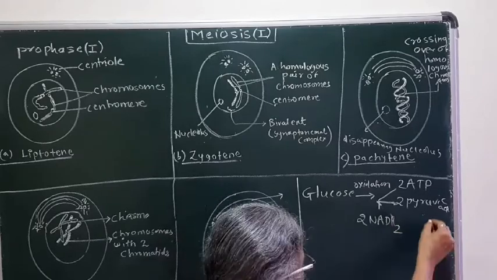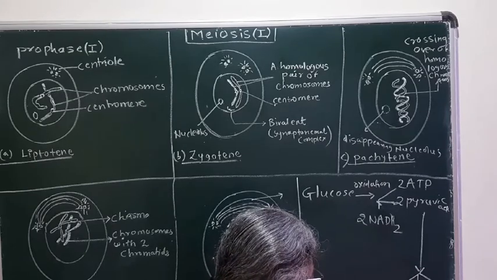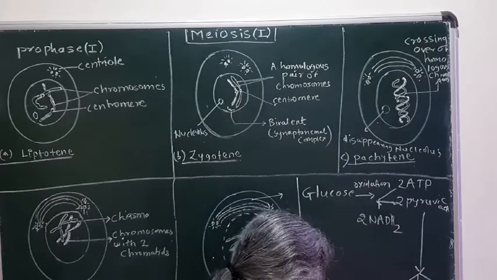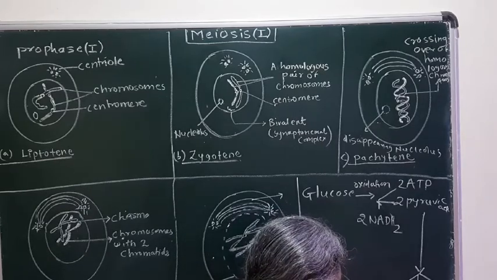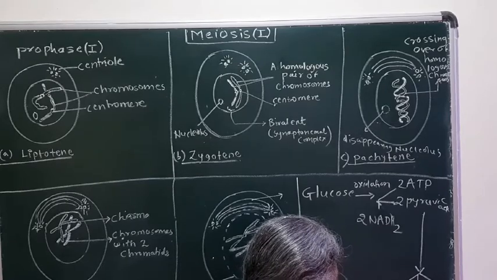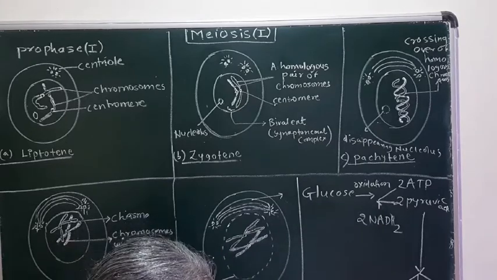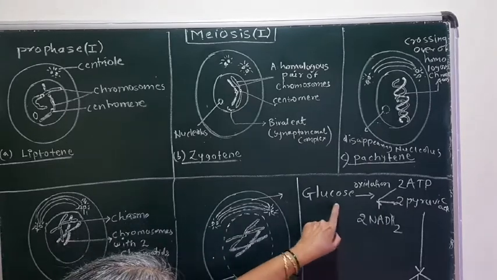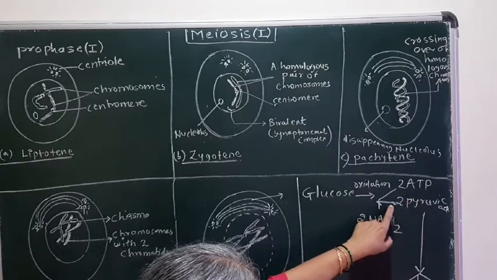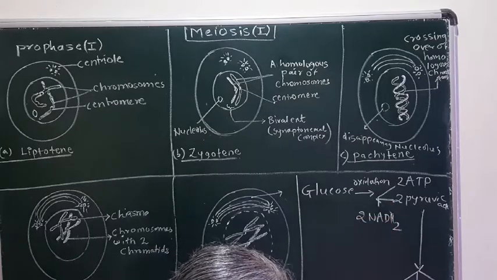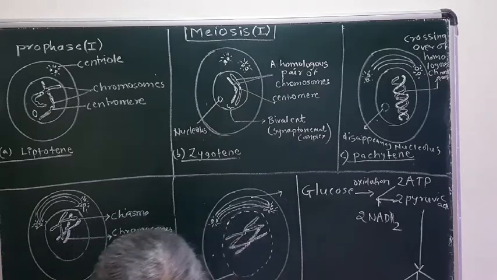Now from these 2 pyruvic acid, we again get acetyl coenzyme A, then 2 carbon dioxide and 2 NADH2. So after completing the writing of this question's statement, you write like this: glucose on oxidation gives 2 pyruvic acid, 2 ATP, 2 NADH2. From 2 pyruvic acid, we get 2 acetyl coenzyme A, and then 2 NADH2 and 2 carbon dioxide. Followed? So you should write that additional part.